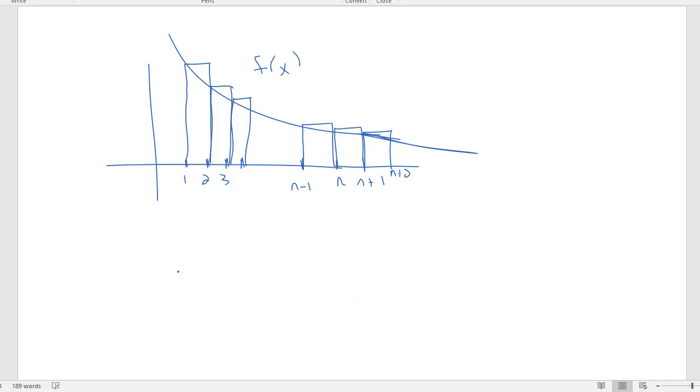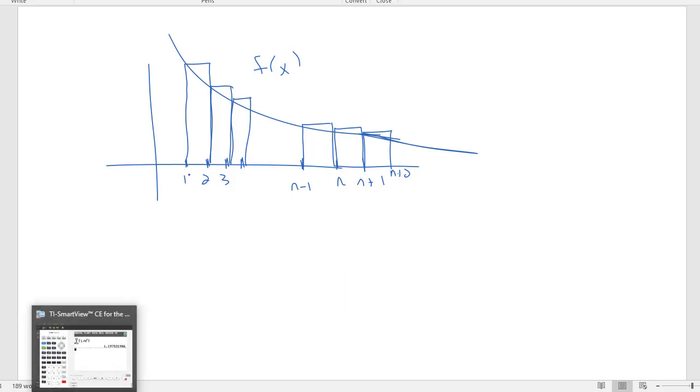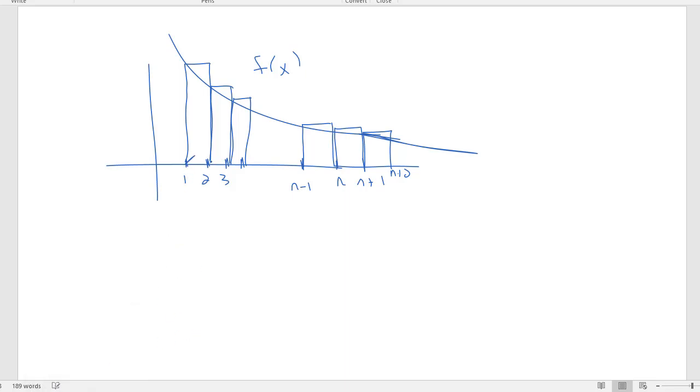Okay. So if I'm summing up the first n terms, here's my first term, here's my second term, here's my third term, and I come all the way up to the nth term right here. So I've summed up all of those terms, okay? Now, what is the error of my estimation? The error is all the neglected terms, right?